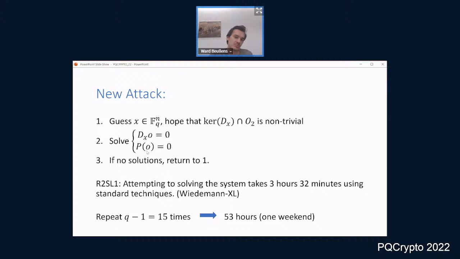And then this second equation, P(o) is equal to 0, is satisfied for vectors that are inside of our oil space O2, because that's the definition of O2, that P vanishes on O2. So by solving this system of equations, we can hope to find the vector o if it exists.